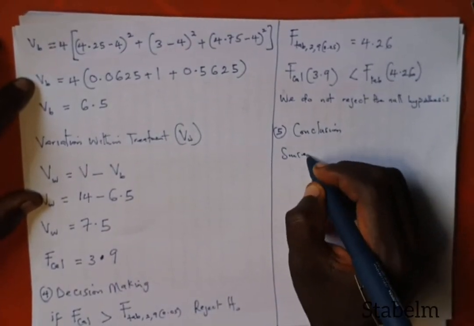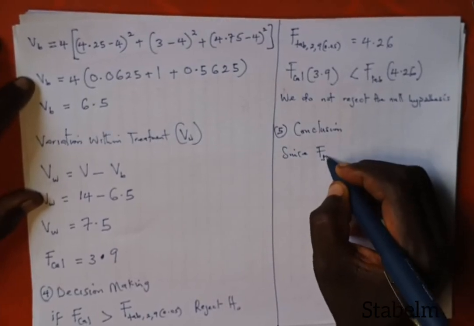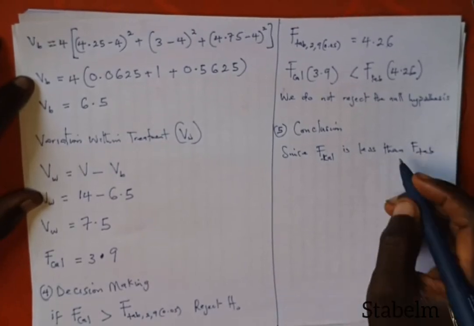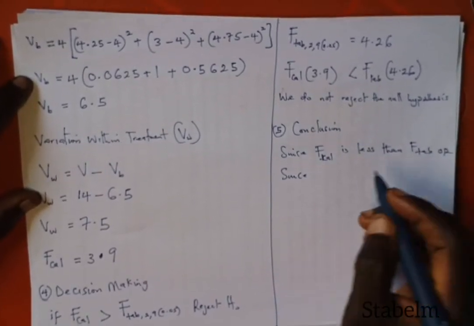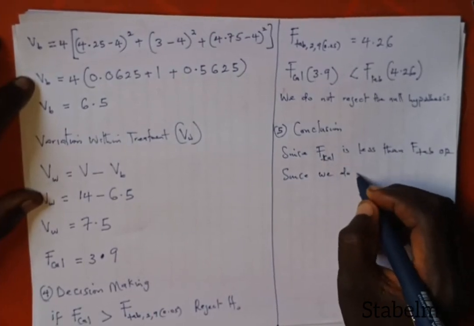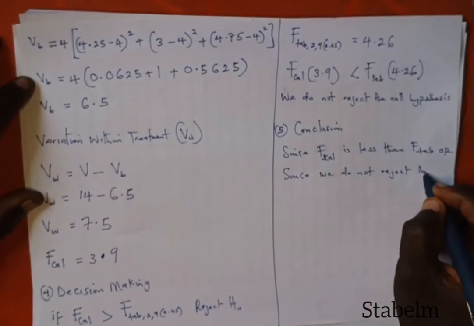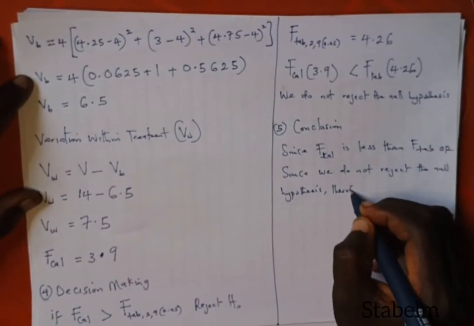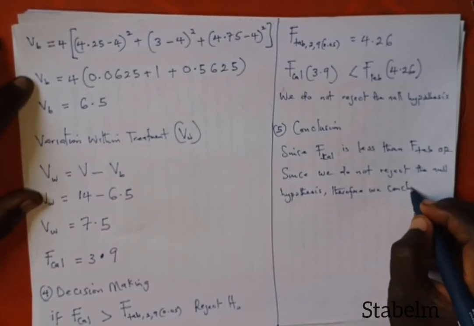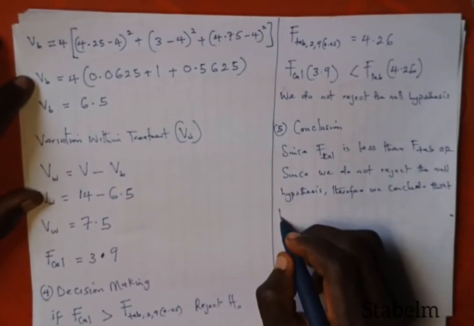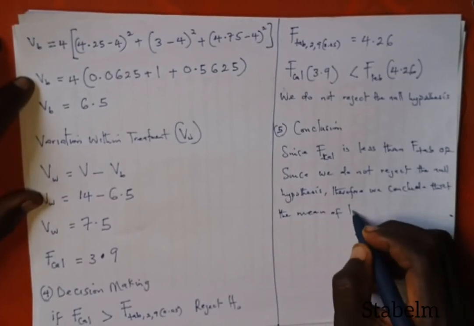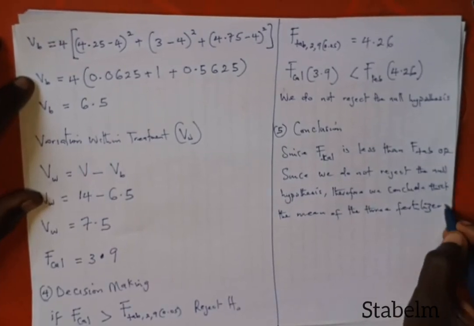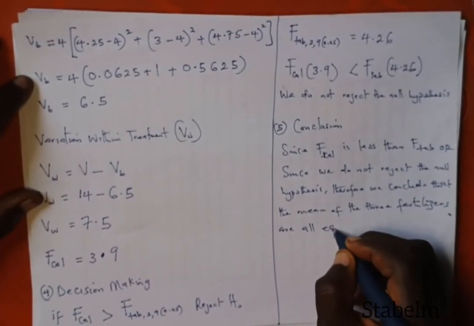We say, since F calculated is less than F tabulated, or since we do not reject the null hypothesis, therefore we conclude that the means of the three fertilizers are all equal.